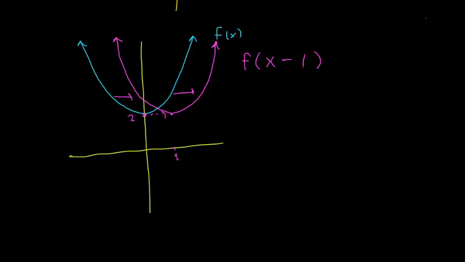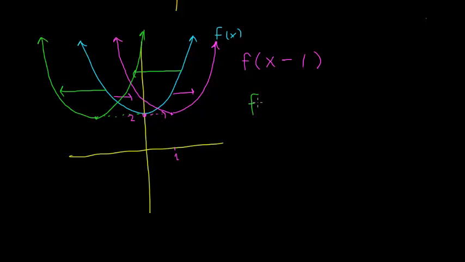Now if instead we want to shift it to the left, let's say by 2 units, right? Then we've moved it over 2 units, and we get something that has the same shape, but is just over to the side by 2 units.